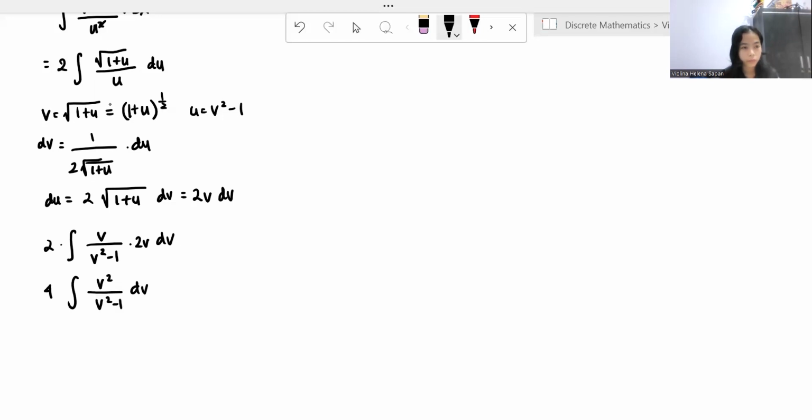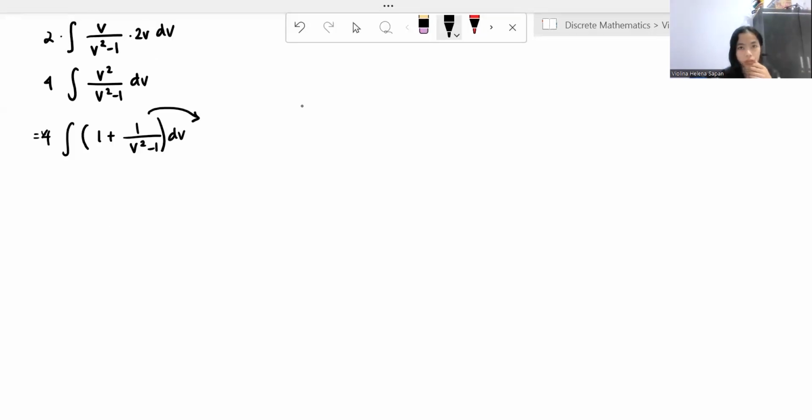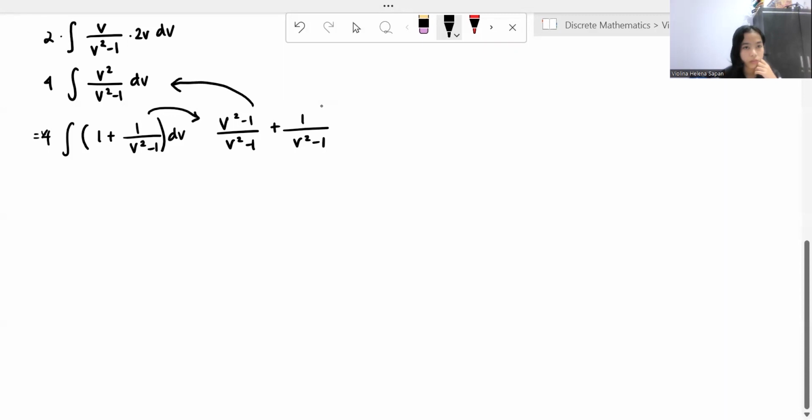So we can manipulate this fraction to this. Okay, so if we make it like this, v squared minus 1 over v squared minus 1 plus 1 over v squared minus 1, it will be equal to this, right? So that's why v squared over v squared minus 1 is equal to 1 plus 1 over v squared minus 1.